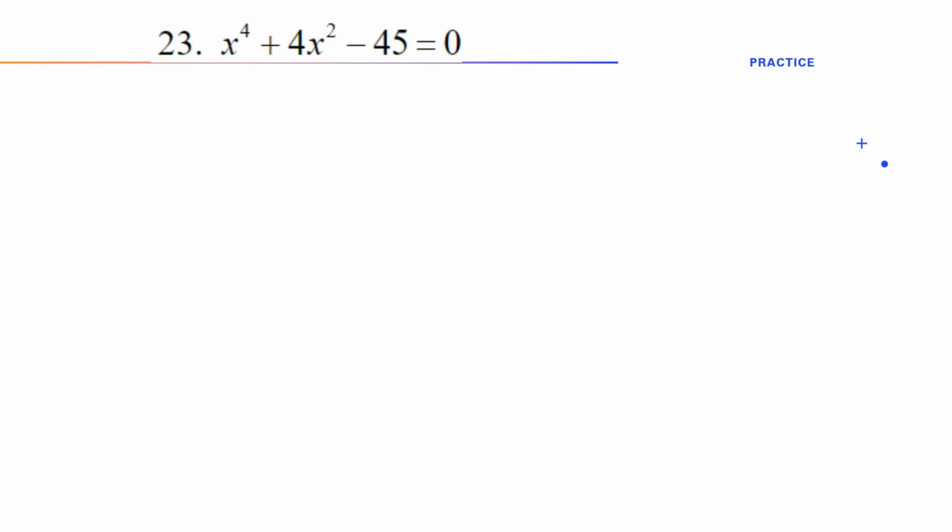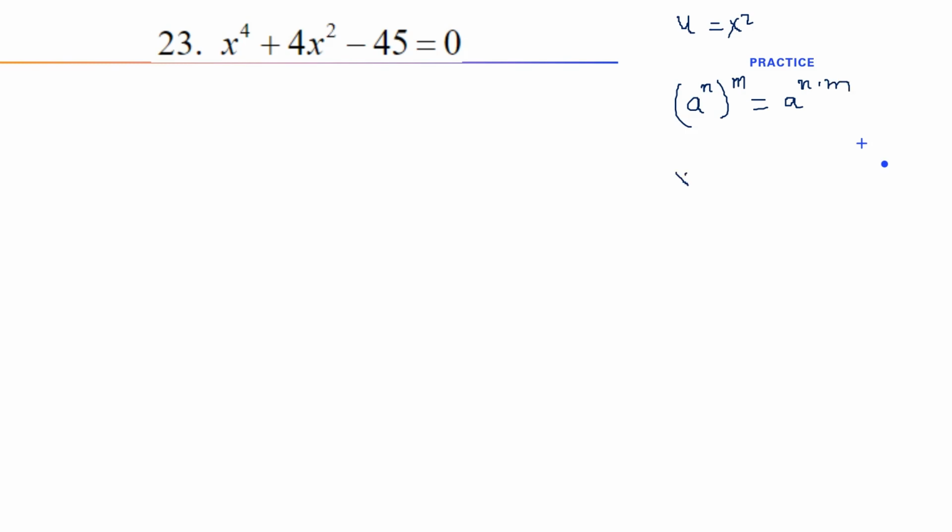So for these questions, we can use the u substitution, u equals x squared. But I also just want to use it as it is. So we know that we have a to the power of n to the power of m equals a to the power of n times m.